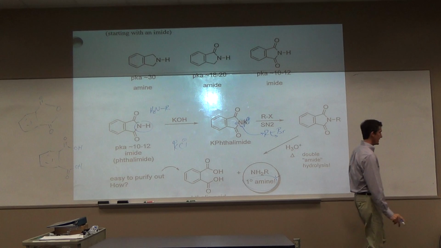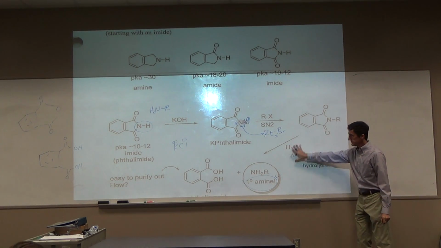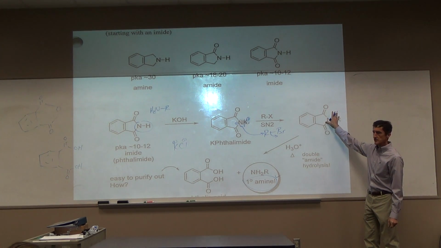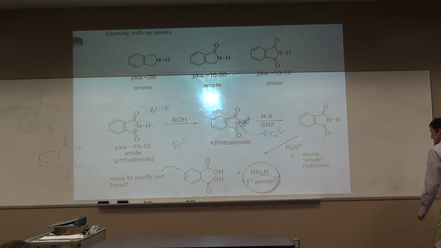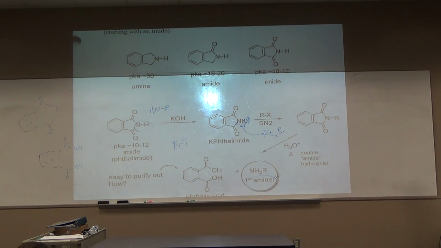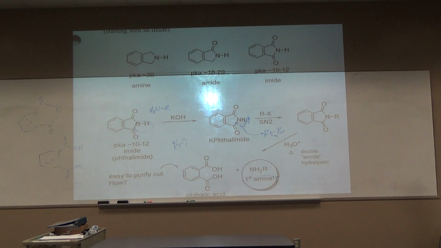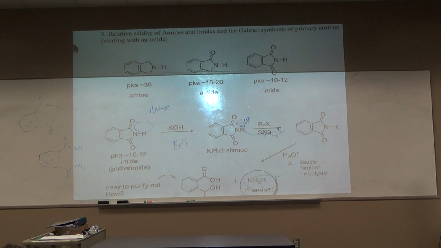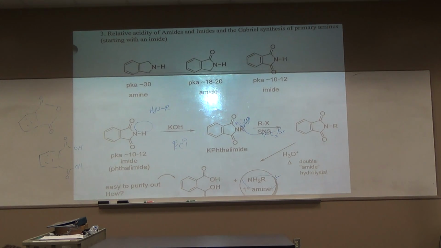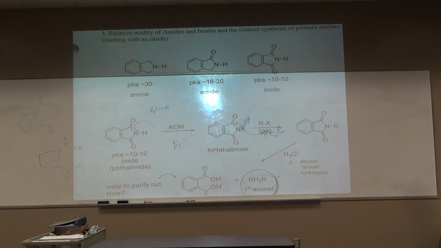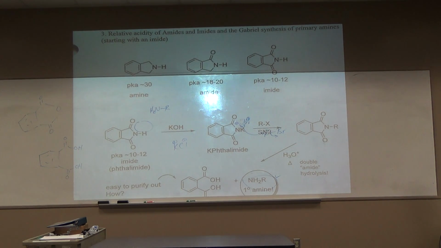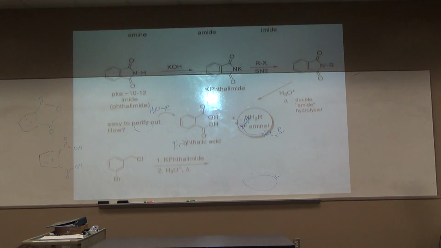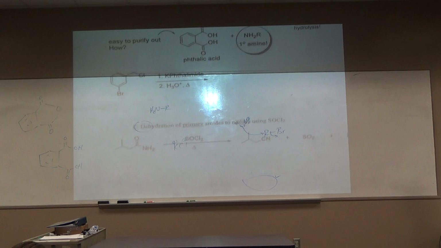But double hydrolysis, and you should be able to do the mechanism here. Gabriel synthesis, Gabriel being the name of the chemist that developed this route to making primary amines. How else would you make a primary amine?